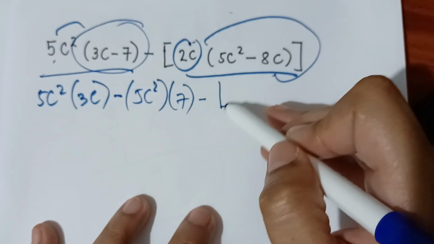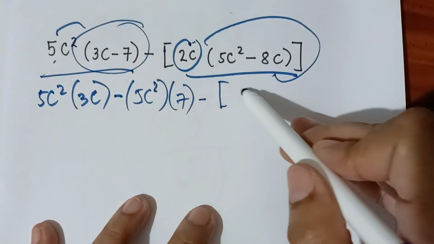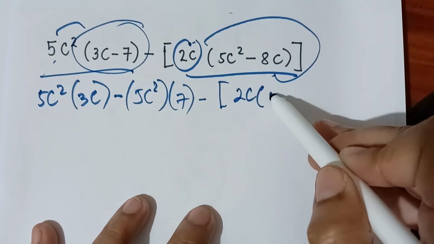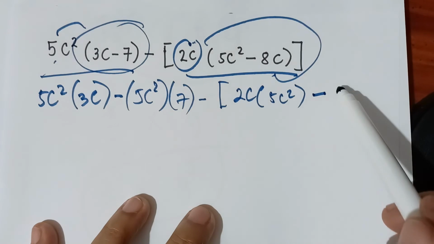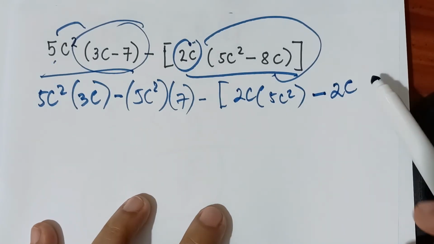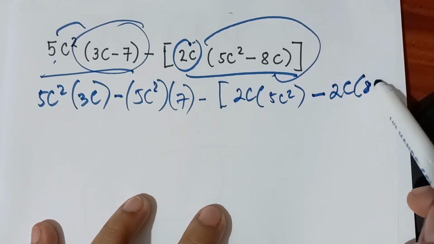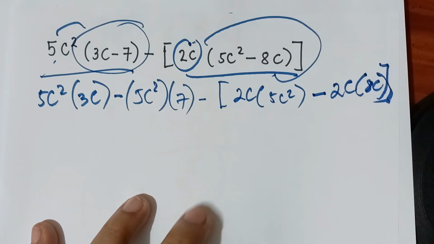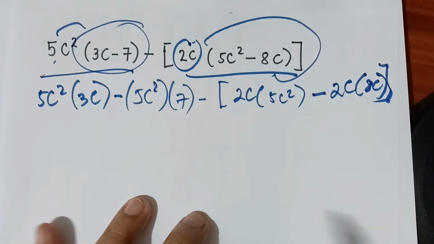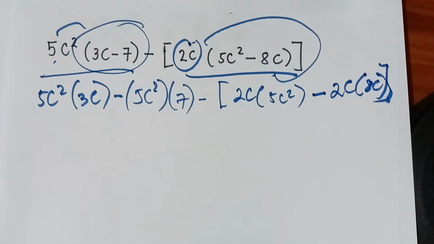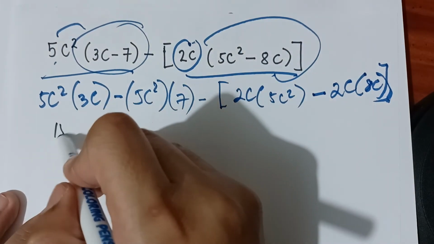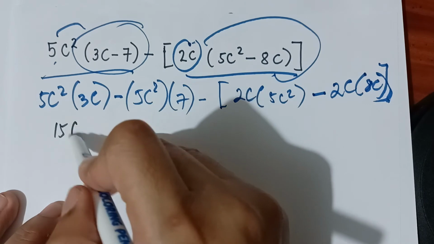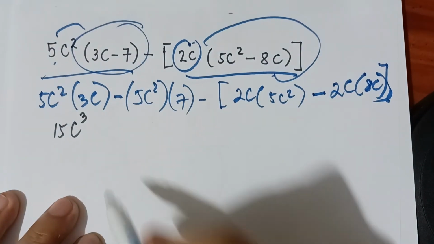minus, ito naman is 2c times 5c squared less 2c times 8c. Close and open parenthesis. Now that we are done doing that, we can simplify. So, 5 times 3 is 15, and then 2 plus 1 is c raised to the 3rd power.